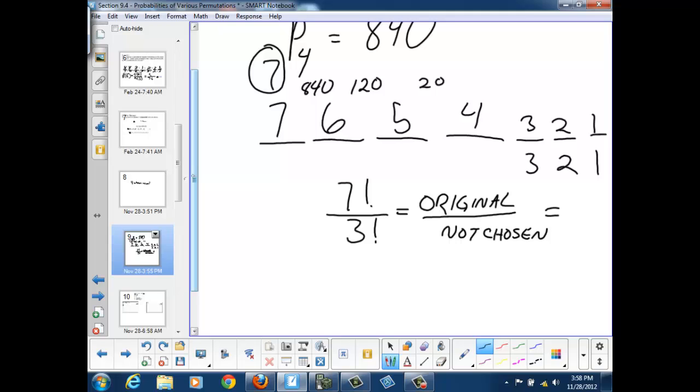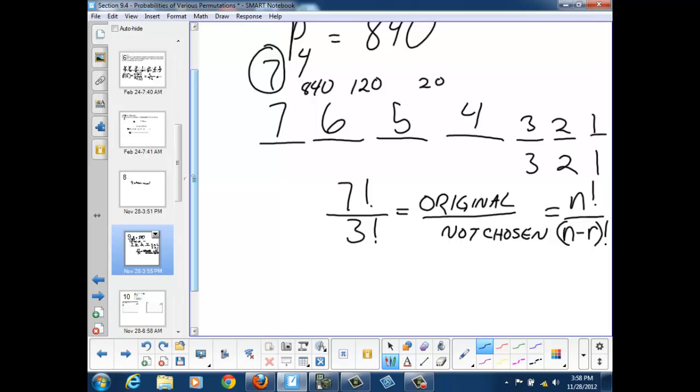So one way to calculate, if we use the values from our original situation, the original would be n. If you looked in our calculator, it was nPr. So n factorial, and to figure out what's not chosen, we could take the set minus what we actually chose. So n minus r would give me the leftovers, and we take the factorial of that.